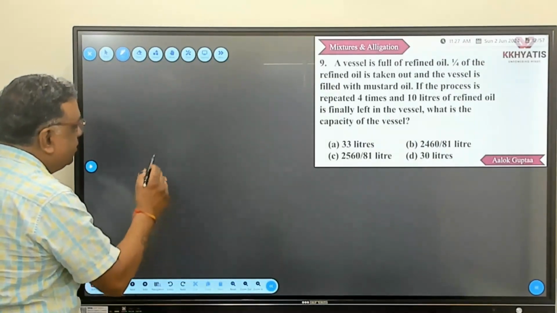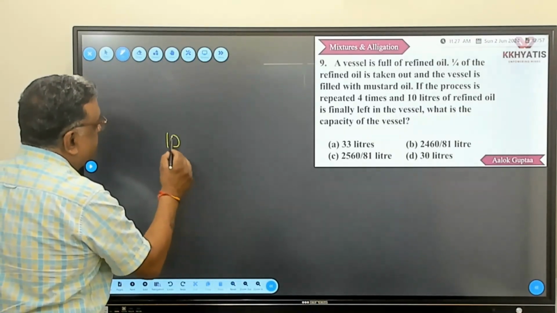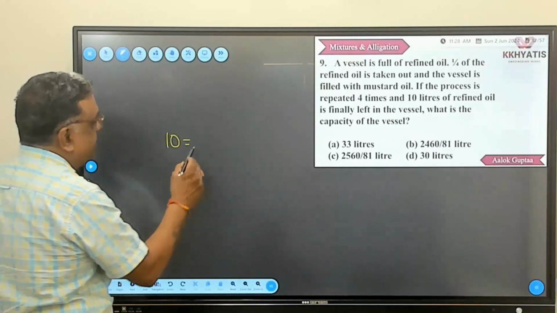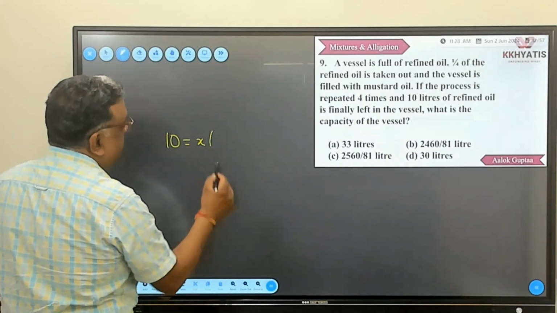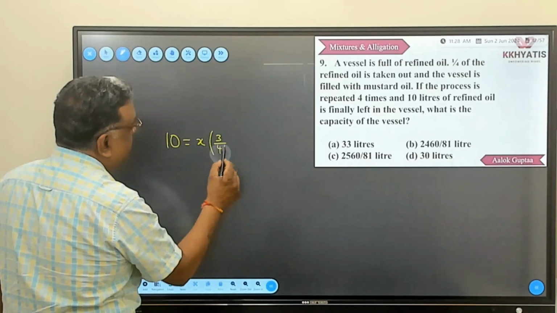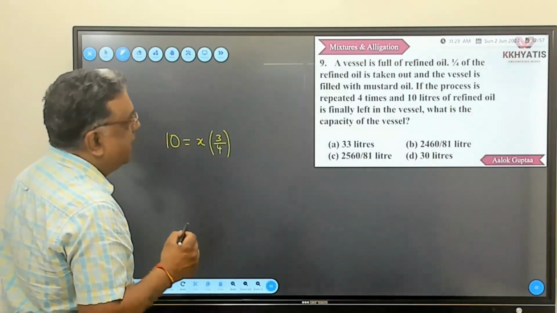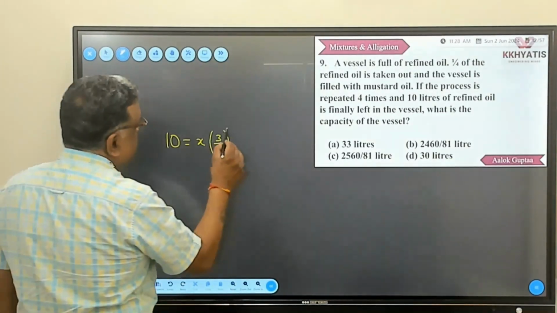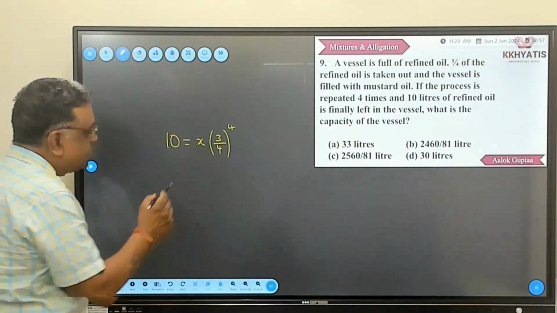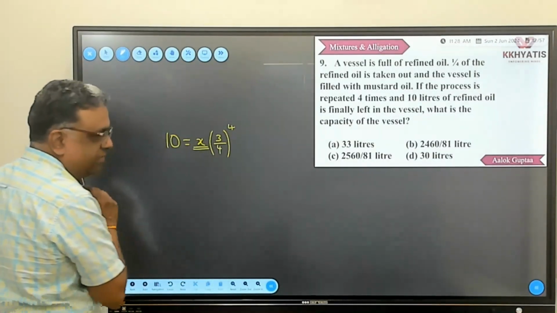So the final quantity of refined oil is 10. The initial quantity of refined oil, which I do not know, is x. 1/4 was removed, which means the fraction left was 3/4. And this process was repeated 4 times. Correct? I want to find the initial quantity of refined oil.